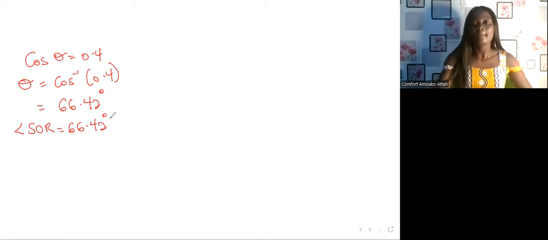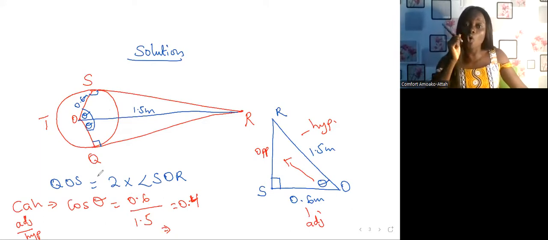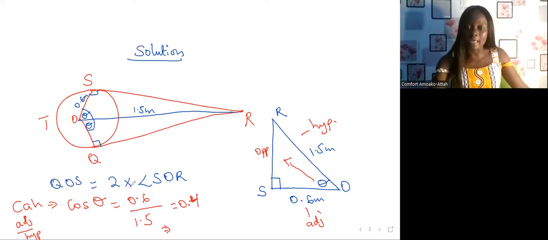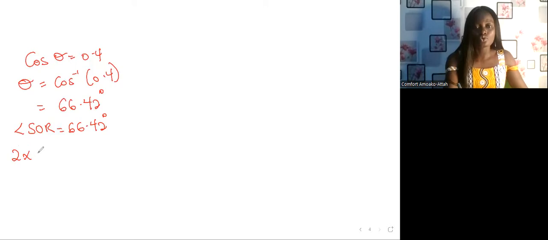But note that we are to find angle QOS, and we stated that angle QOS is equal to 2 times angle SOR. So since we've been able to get angle SOR, we just multiply by 2 times 66.42.